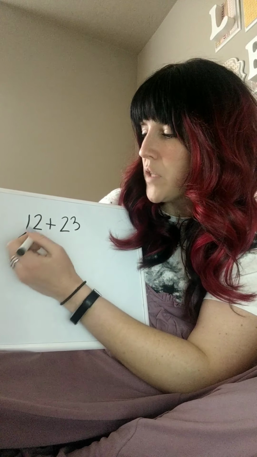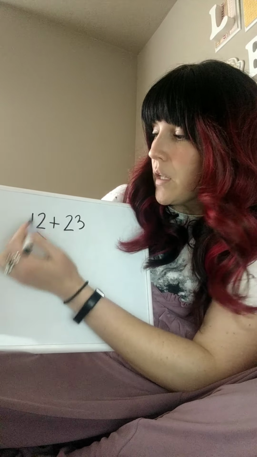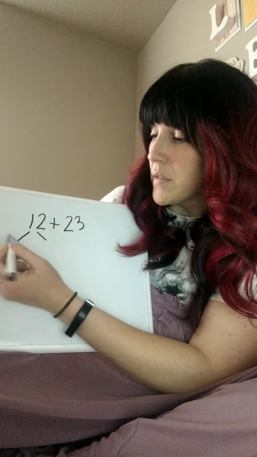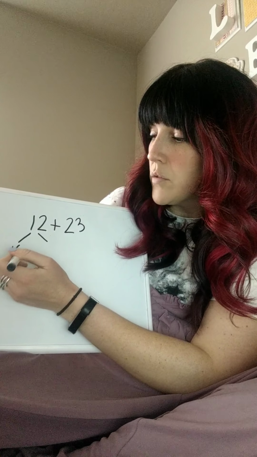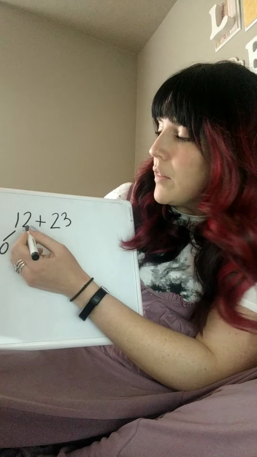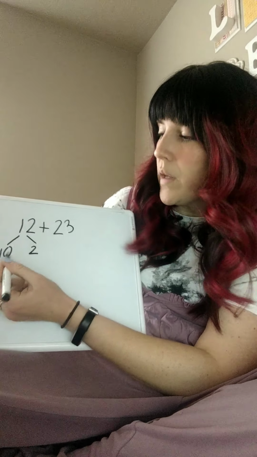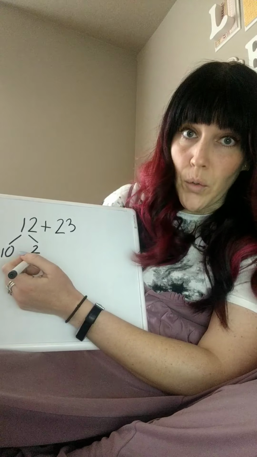You guys did this yesterday, so you should be able to do this with both numbers. So remember, if I have 12, I'm going to make my little tree diagram here. When I look at the number 12, the 1 in 12 represents 10. And the value of this digit is 2. So we can decompose 12 into one set of 10 and 2 ones.